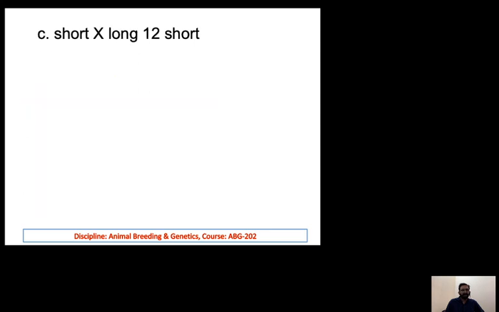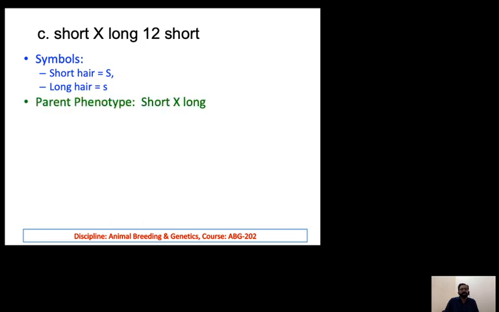So here comes part 3, or the cross 3, of this practical question. Short is crossed with the long, and we get 12 short. Now the short here again is indicated by the capital S, and long here is shown with the small s.